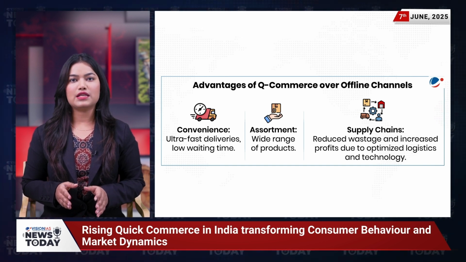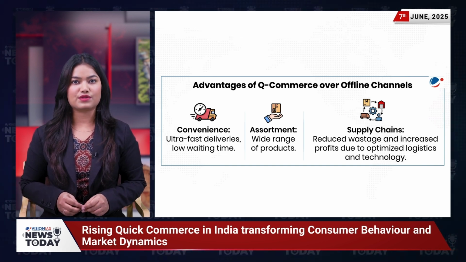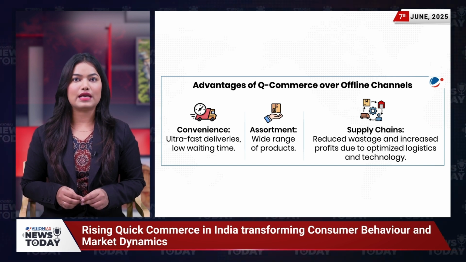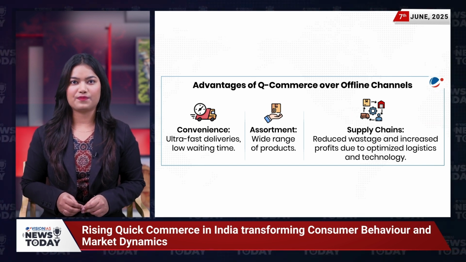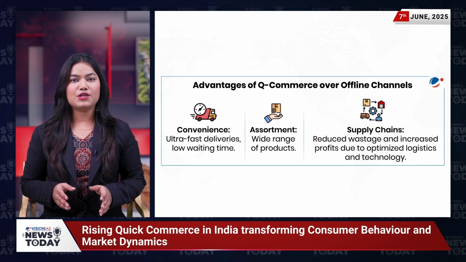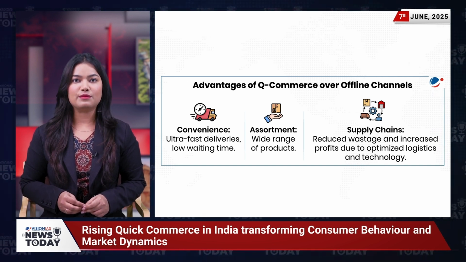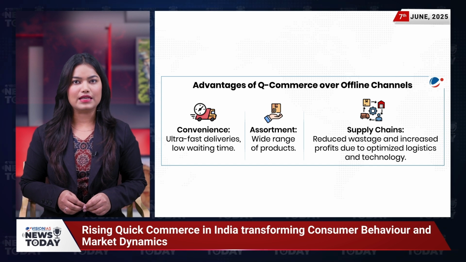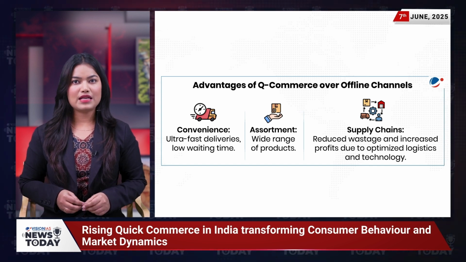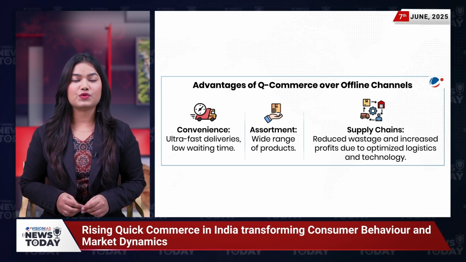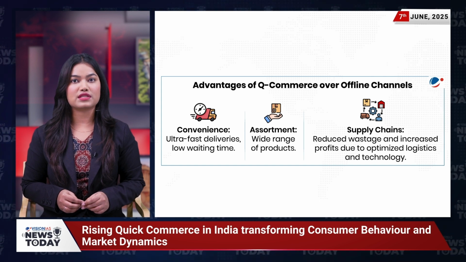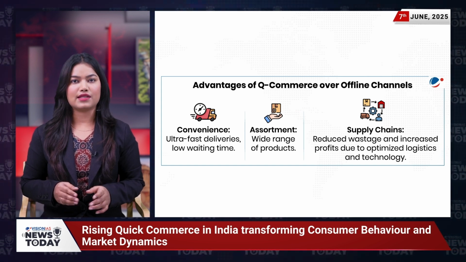With ultra-fast deliveries and minimal wait times, it redefines how quickly consumers can get what they want. Second is assortment. It offers a wide range of products, often exceeding the variety available in physical stores. And thirdly, supply chains. Optimized logistics and advanced tech reduce wastage and increase profits, making operations leaner and smarter.